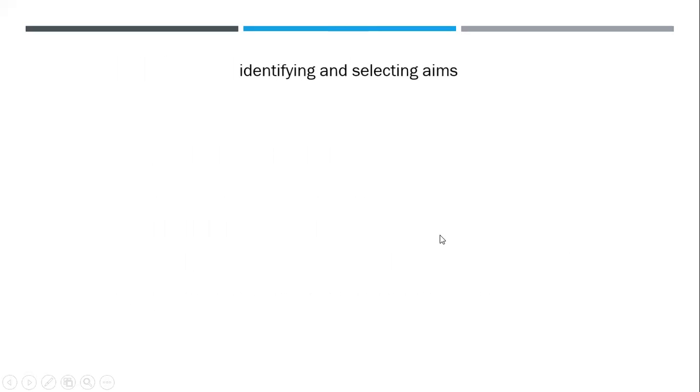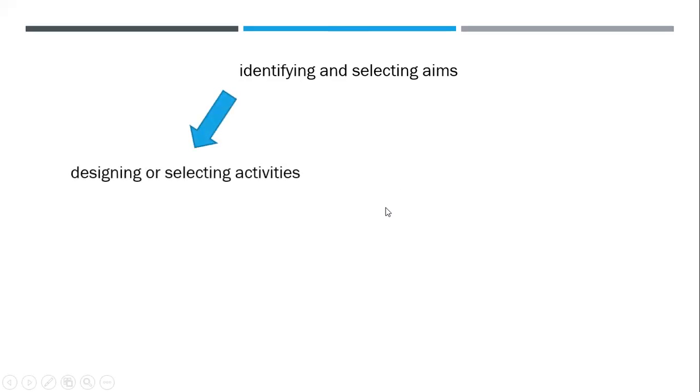Now, identifying and selecting aims, what we are talking about today, is the first step in a long process of planning and carrying out your lesson. And it is connected and it leads to a number of other steps. So let's look at this in context. First, you identify and select the aims for your lesson.